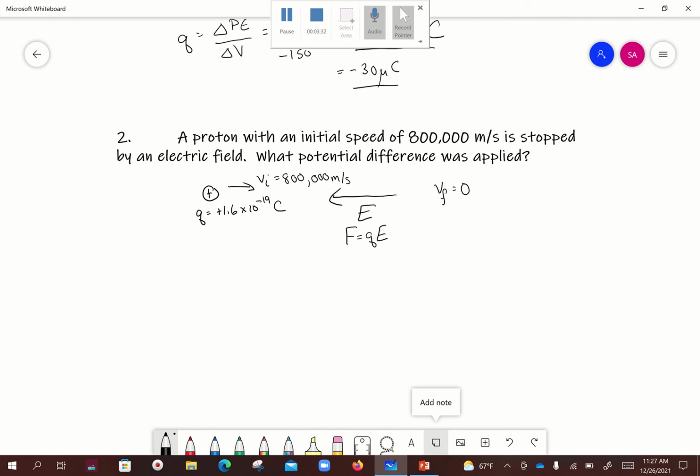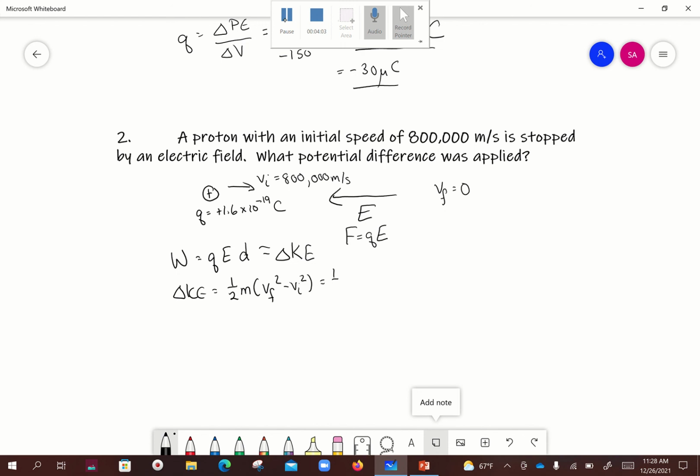All right, so what do I know? I know that the work done by the electric field is Q times E, force, times distance. Okay, so that's the work done. And that's going all the way back to physics 1, equal to the change in kinetic energy. So change in kinetic energy is 1/2 m times V final squared minus V initial squared.